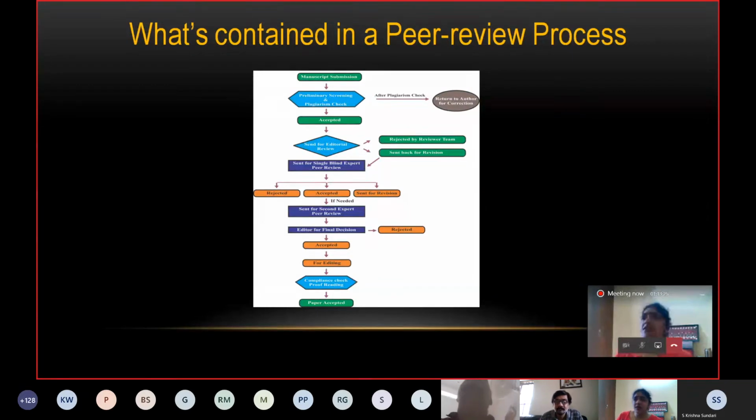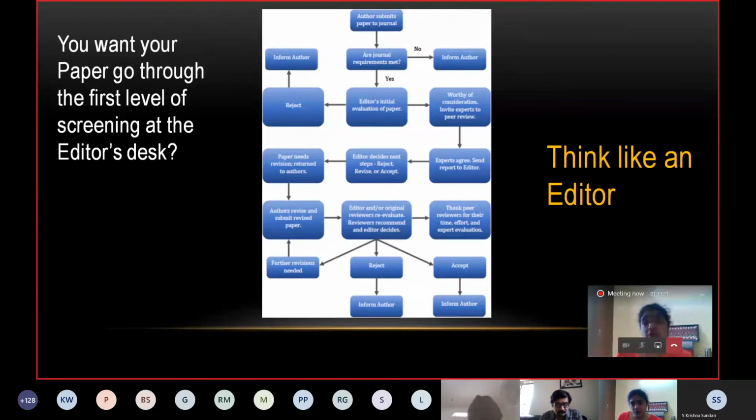Coming to what all goes into a peer review process. If you want your paper to pass through the editor's desk, you have to think like an editor. Detach from the paper you are holding in your hand and think how you, as an editor, are going to take this paper. See whether the requirements are met.